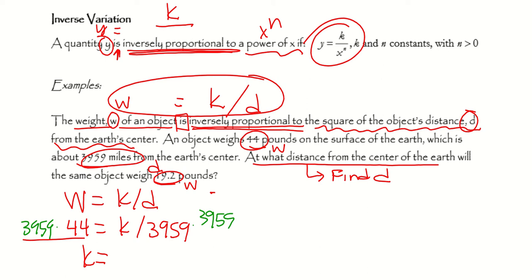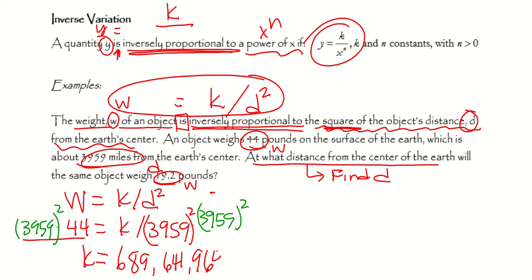Hold on, I missed something important. This said that it was inversely proportional to the square of the distance. So I need a square here, which means I've got to multiply by that squared. Okay, so now we get a value of k that is 689,641,964.